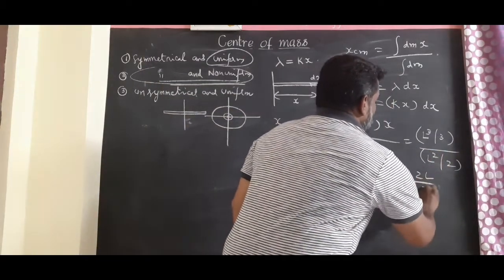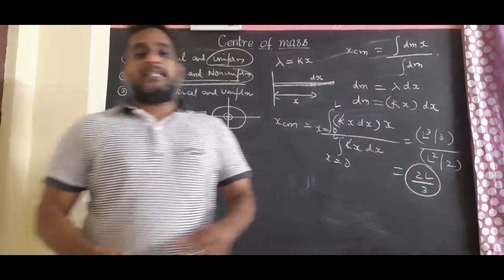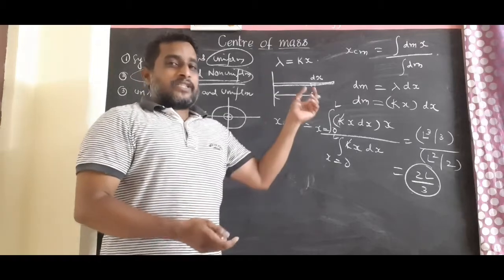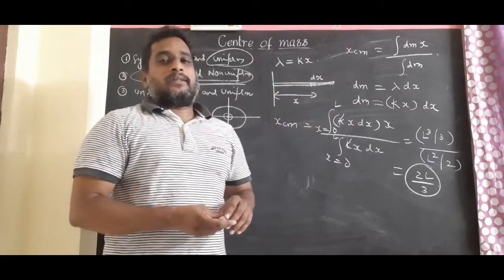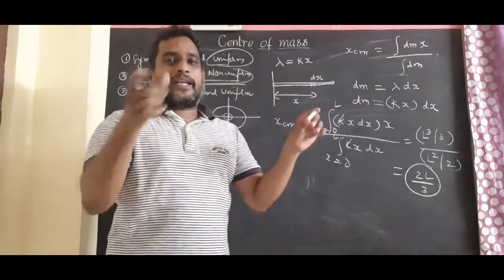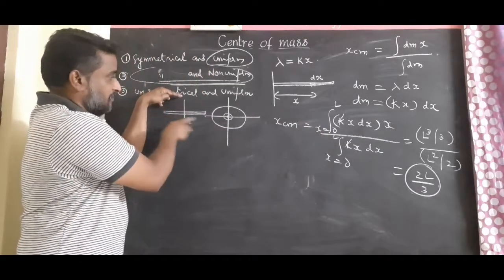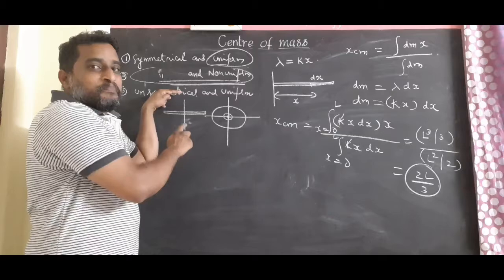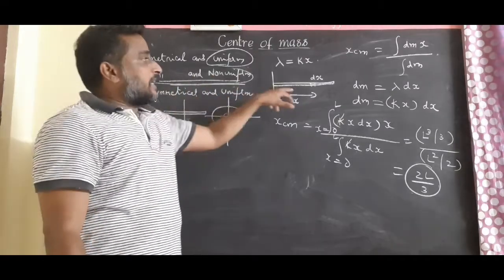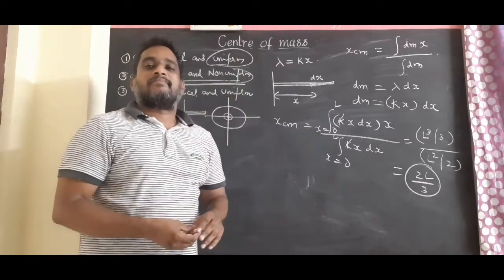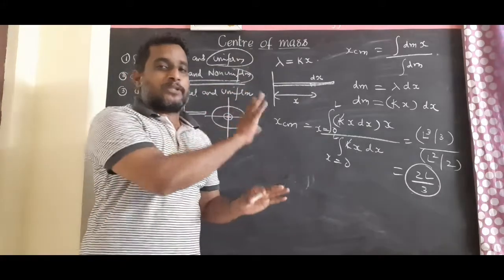So by solving this, it comes out to be 2L by 3. See, in the previous example and this example, the rod is maintaining symmetry about this axis. It is symmetrical. But in the second example, it is not a uniform mass distributed body. So whatever may be the case, this is the method we have.